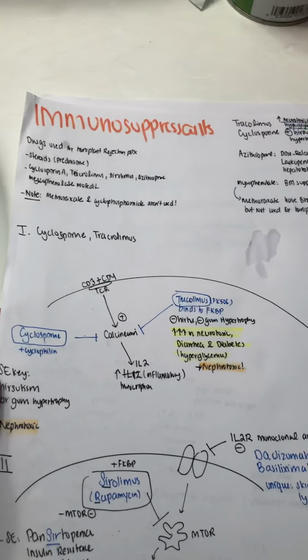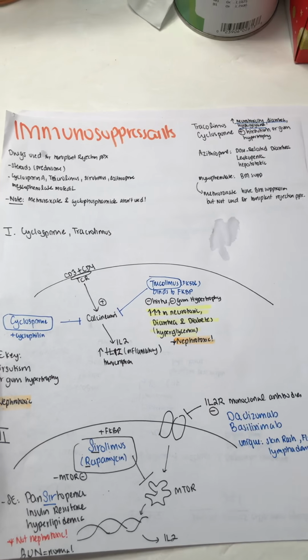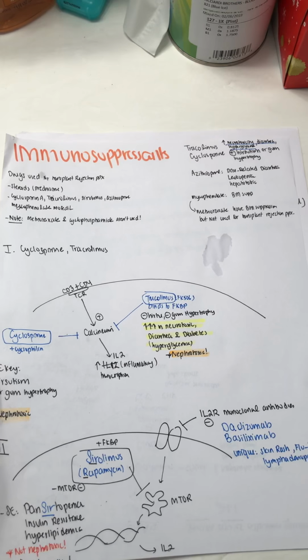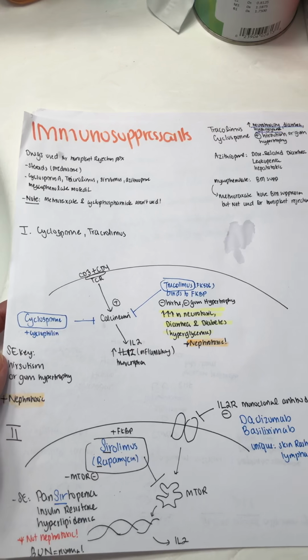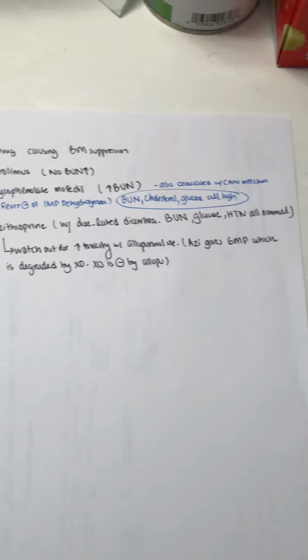So to recap, three groups: cyclosporine and tacrolimus. Tacrolimus doesn't have hirsutism or gum hypertrophy. It increases neurotoxicity, diarrhea, and diabetes. Sirolimus: pancytopenia, kidney normal. Monoclonal antibody: skin rash, flu-like symptoms, and lymphadenopathy.